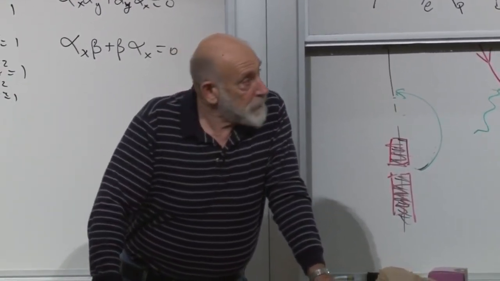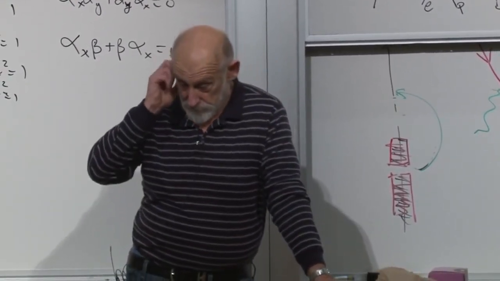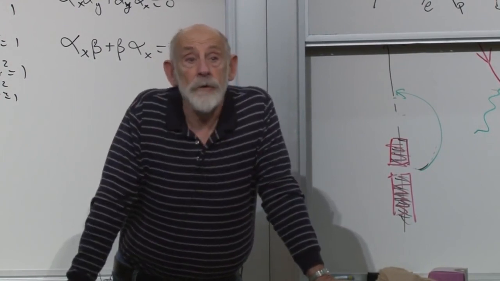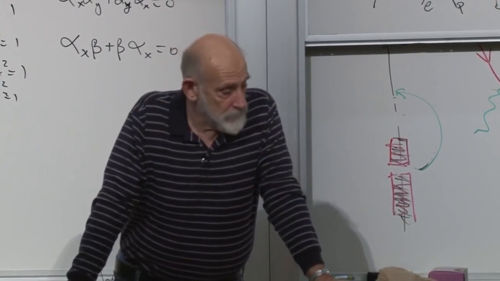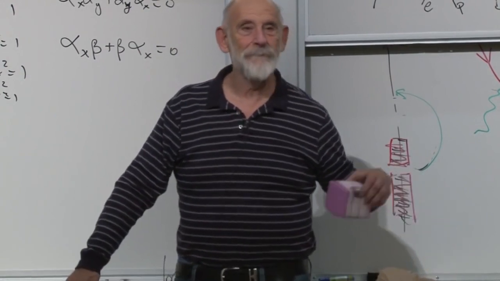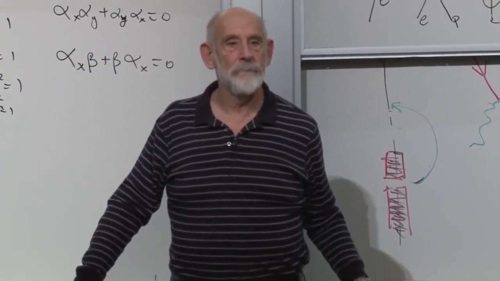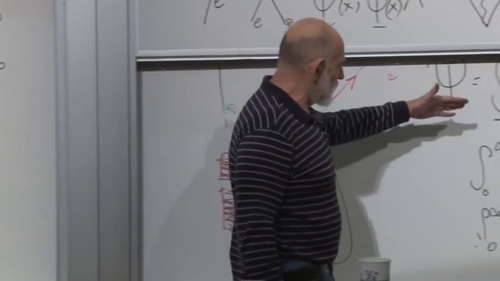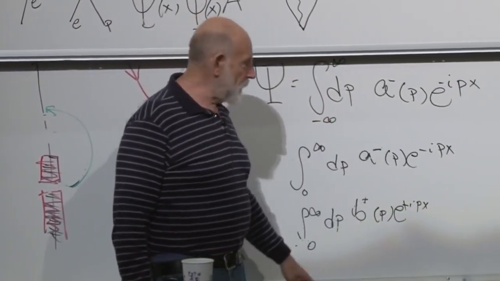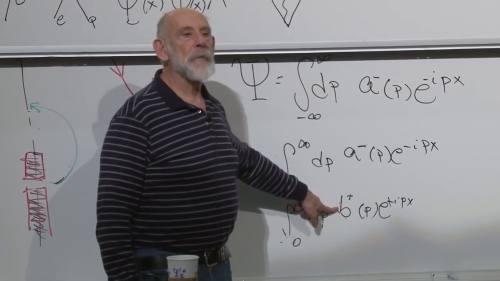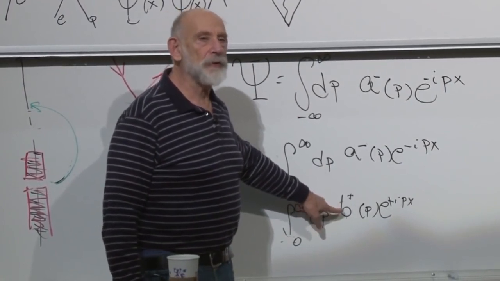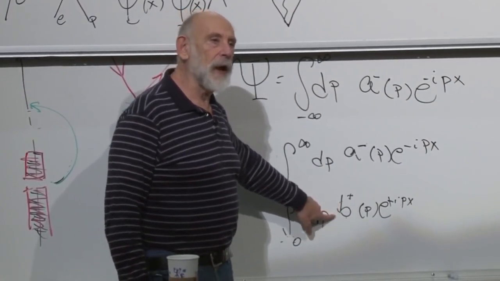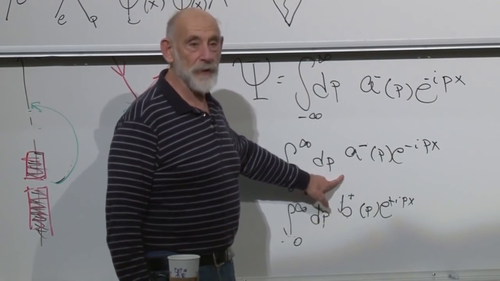And that brings us, I think, to the end for tonight. So, yeah. Can you say how modern physicists think about this as opposed to using the Dirac sea? Oh, very easy. They just say, forget the Dirac sea, just replace creation operators for negative energy by annihilation operators for positive energy.